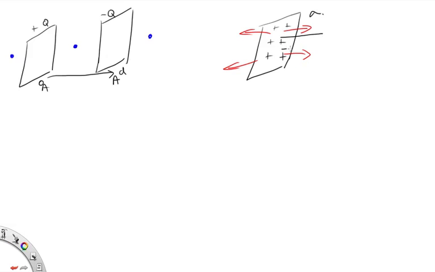So let's choose a prism like this with surface area A here and surface area A here. You can see the direction for the surfaces. Here it's parallel to the electric field, along this surface it's perpendicular. Here it's parallel, here it's perpendicular.